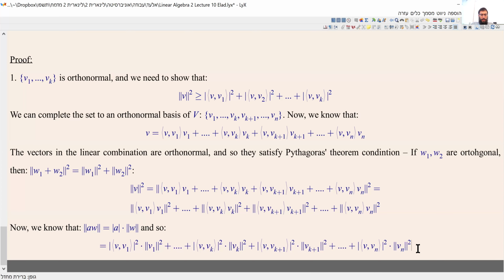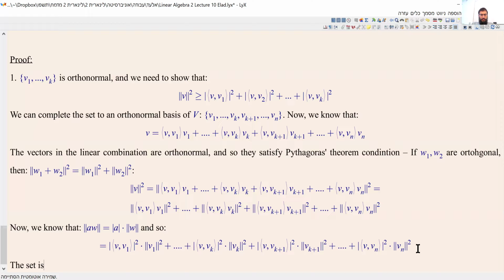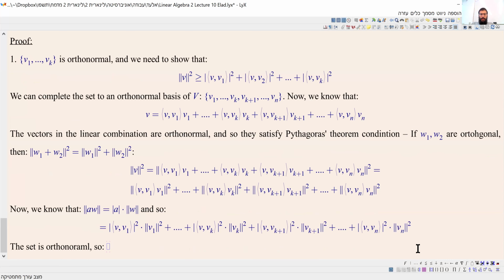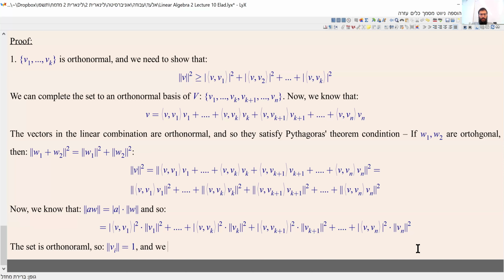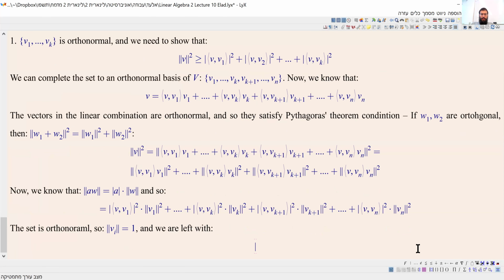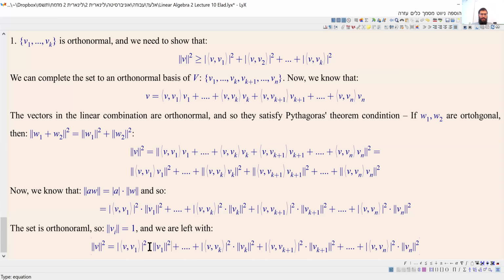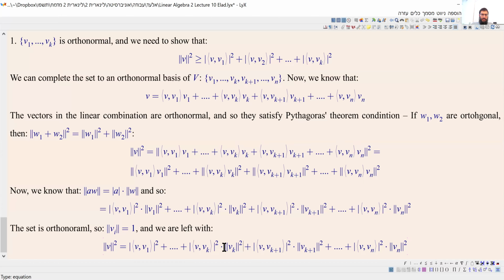The set is orthonormal, not just orthogonal, so each norm here equals 1. And we are left with the norm of V squared, where we began our journey, equals the sum of all the absolute values of the inner products squared.